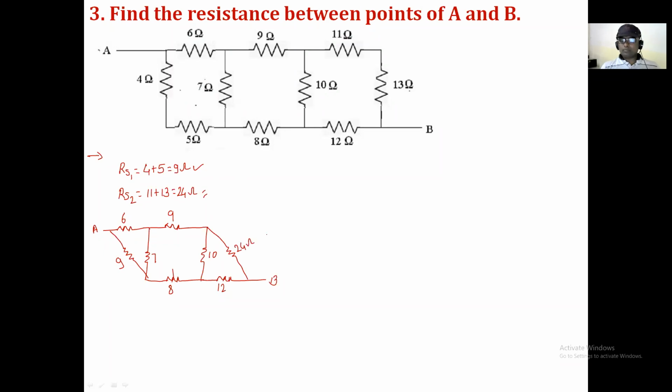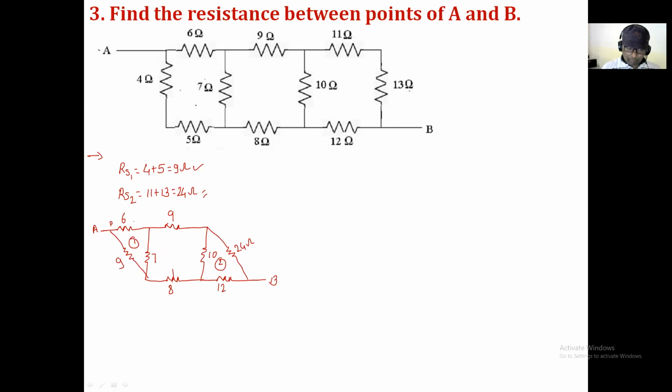Up to this, any problem? No, sir. Now, here the two deltas are formed because we cannot apply the series and parallel circuit rule. So this one is the first delta and this one is the second delta. Is it right? And then let me give the different labels here.